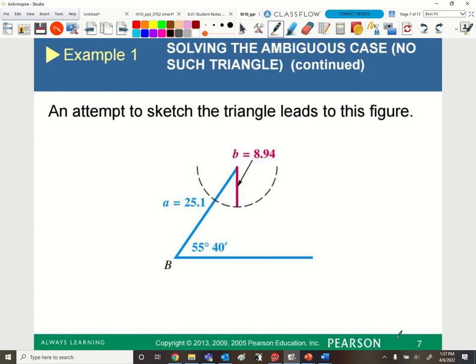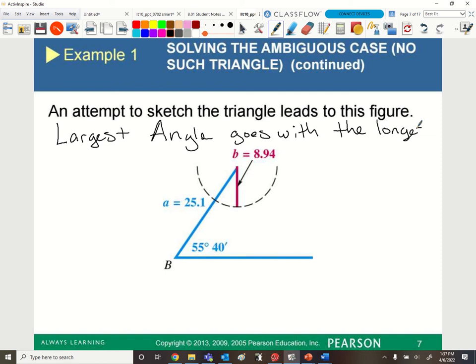So there's a couple rules besides stay off your phone during my class to go along with this. So the largest angle goes with the longest side.